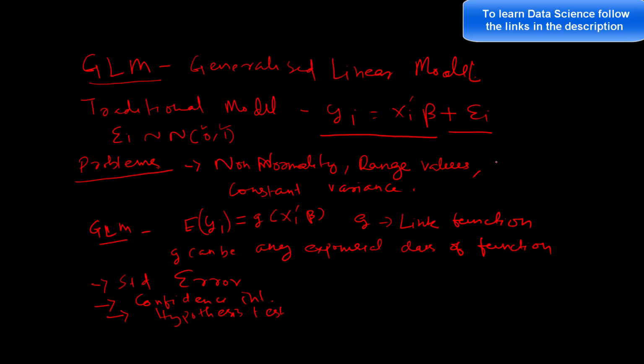The second problem that is usually encountered is that we cannot use a response variable which takes values within a range. For example, while modeling probability, probability has to always be between 0 and 1. That's the restriction, the upper bound and the lower bound. The problem is that the covariate can take any value, from minus infinity to plus infinity.